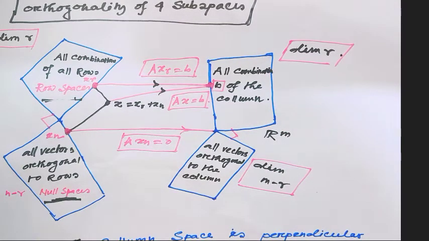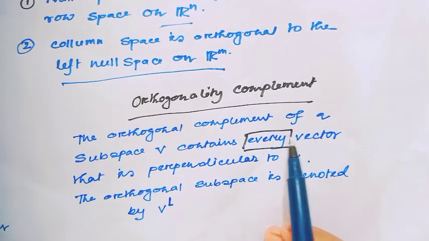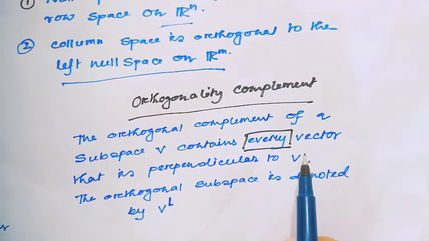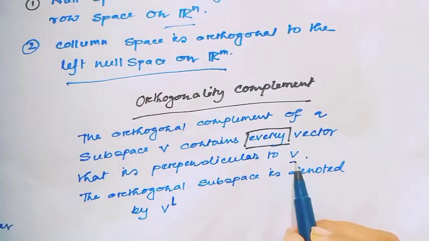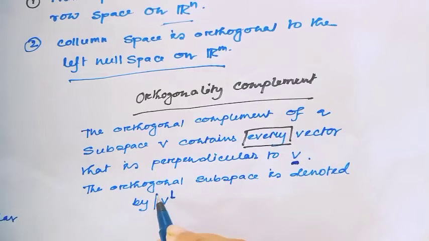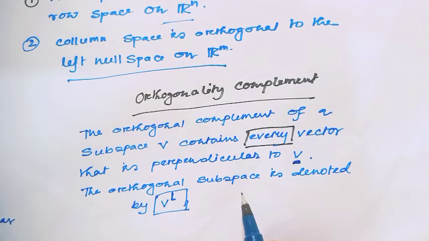Are you getting it? Well, in my last video, I had also discussed the orthogonal complement. The orthogonal complement of a subspace V contains every vector that is perpendicular to V, and this orthogonal subspace is denoted as V bar, the orthogonal complement of the subspace V. I had discussed this topic in my earlier video.